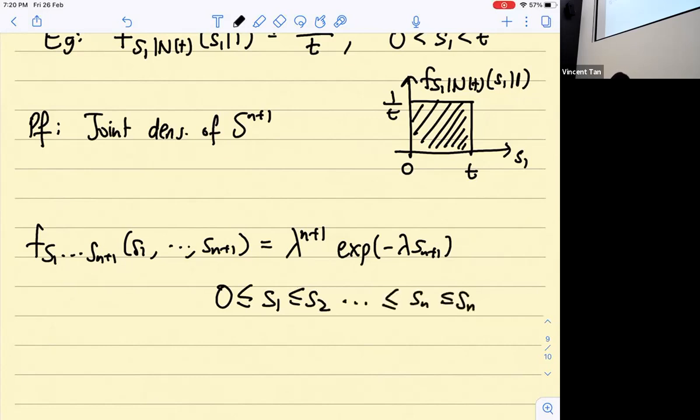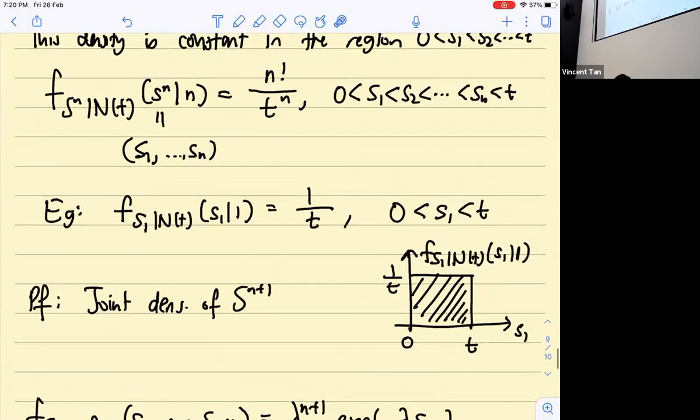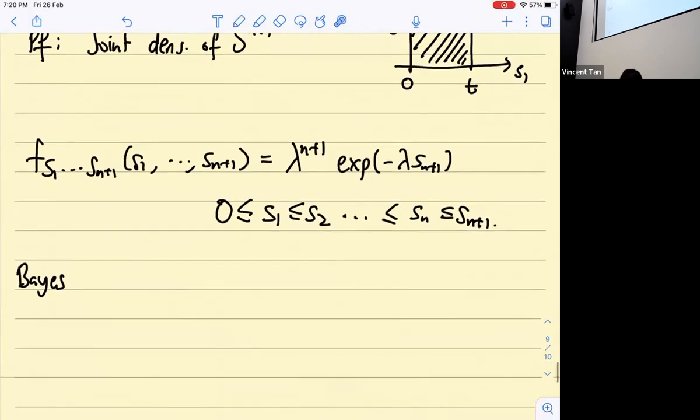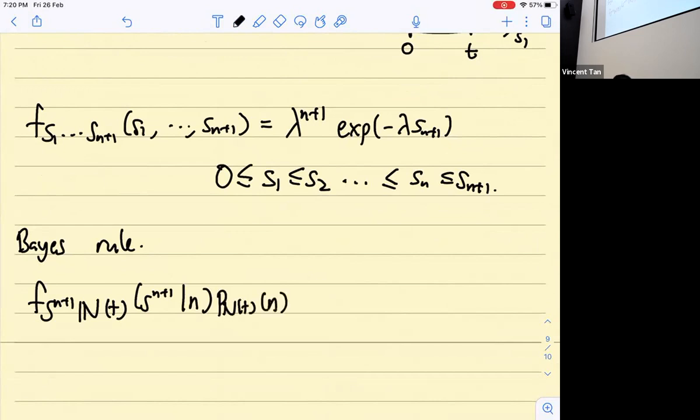Sn less than Sn plus 1. Okay, so now our goal is to derive this object here. By Bayes' rule, we have f of Sn plus 1 given Nt equals n, times P of Nt equals n, equals P of Nt equals n given Sn plus 1, times f of Sn plus 1.